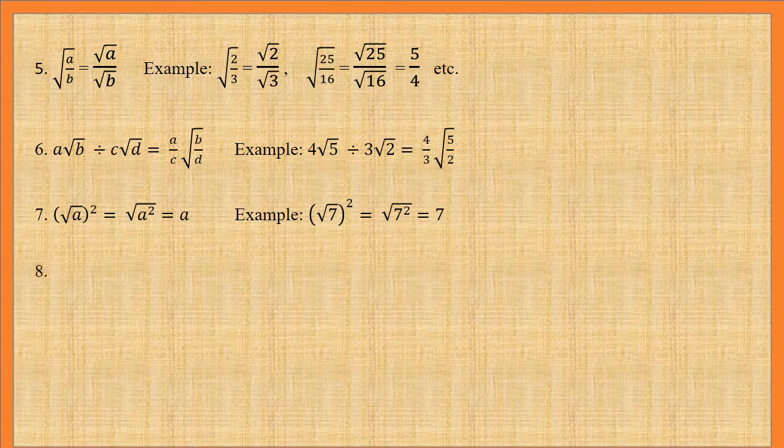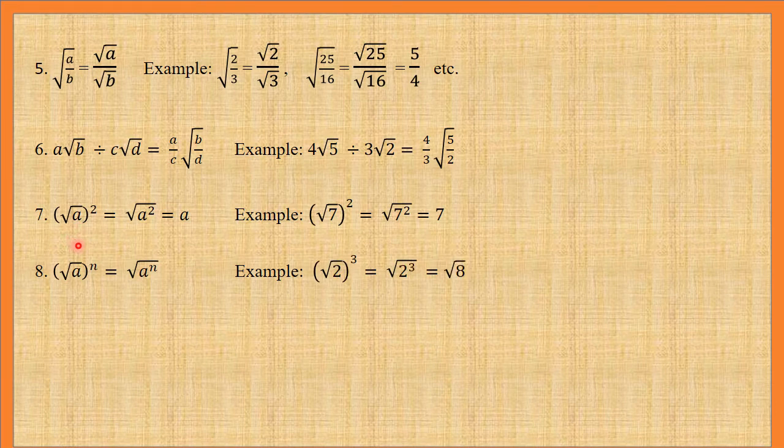For rule 8, it's related to rule number 7. When you have square root of a to exponent n, it is the same as square root of a exponent n.